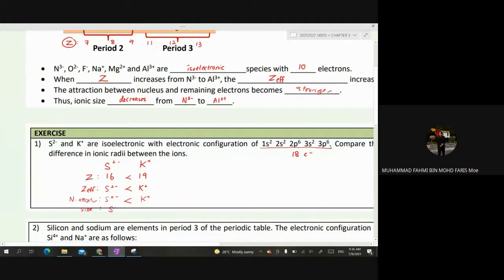Potassium is smaller. So you can make your own sentences. Z and Z effective of K+ is bigger than S2-. The nucleus attraction towards the remaining electrons in K+ is stronger. Therefore, K+ has a smaller size compared to S2-. So practice writing your sentences.